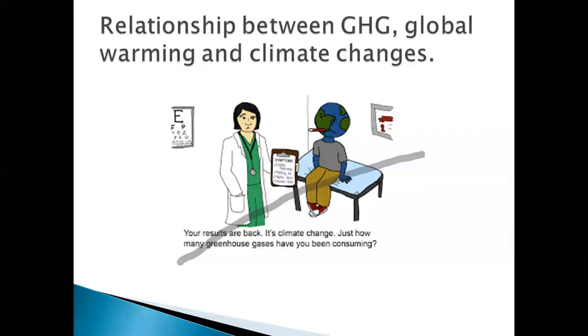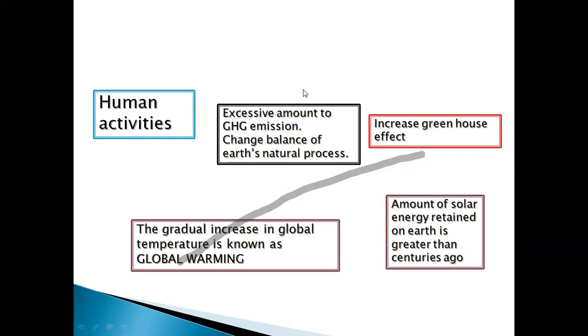Now, when we have these two things connected, what will be the climate change? Human activities, that means me and other people, will produce an excessive amount of GHG emissions. That will change the balance of natural processes, increase the greenhouse effect, and gradually increase the global temperature.